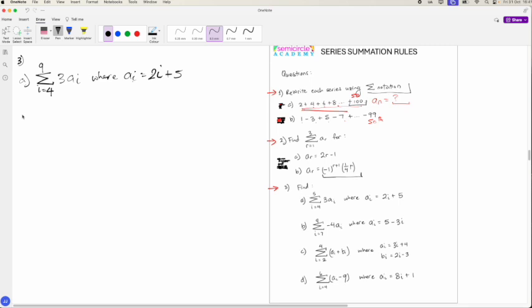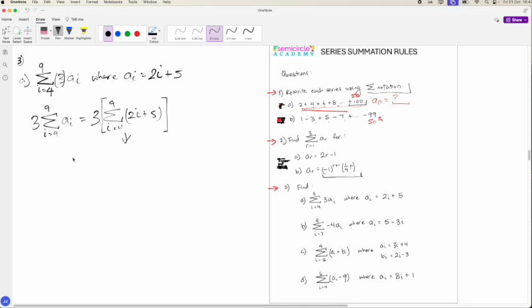So I can take the 3 and put it on the outside. That'll be 3 times the summation from i is 4 to 9 of 2i plus 5. And so we can find the summation and multiply by 3 after, right? So let's find this summation now.